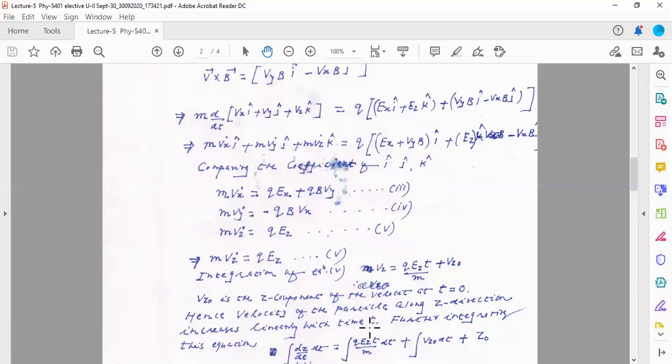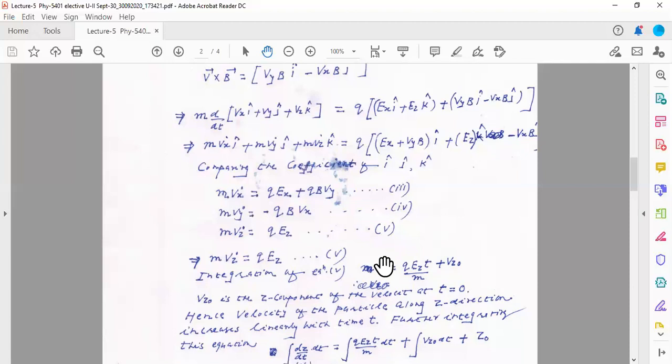Because of the application of the electric field, you see that Ez, the z component of the applied electric field, is constant, of course. But because of this constant component of the electric field, your particle velocity Vz increases linearly with respect to time t.